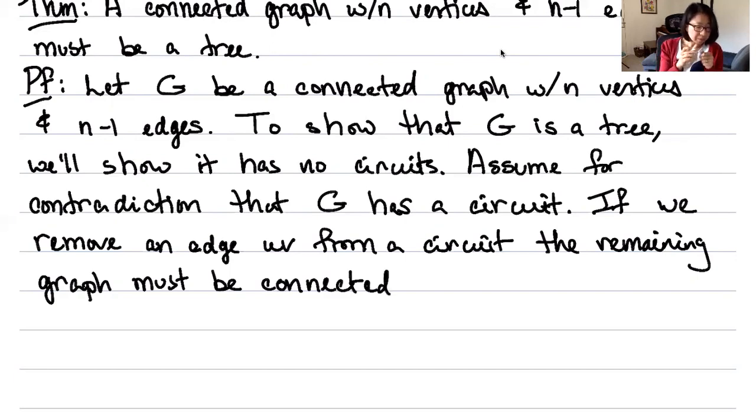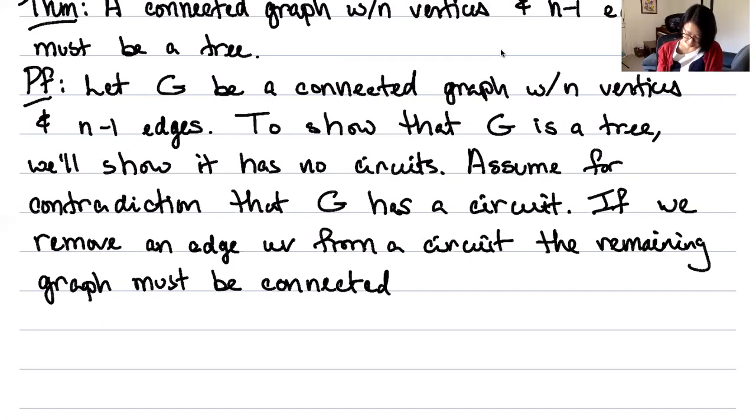Why? Why do we still have a walk from U to V? Well, the edge UV was part of some big circuit, and instead of taking the edge from U to V, I could just go the other way around the circuit.